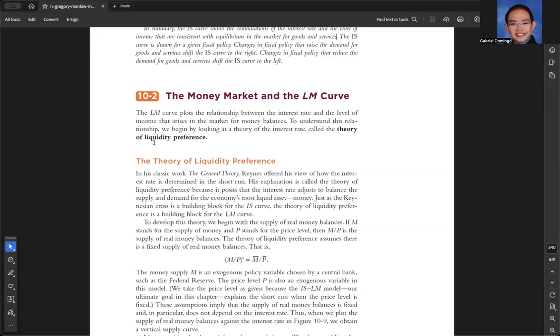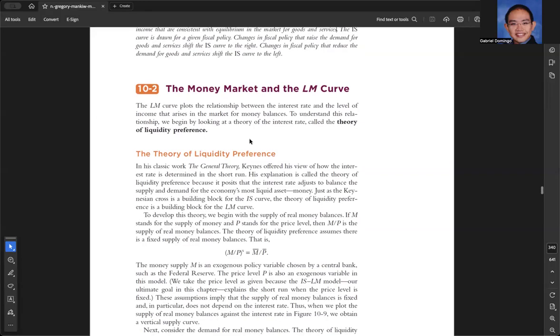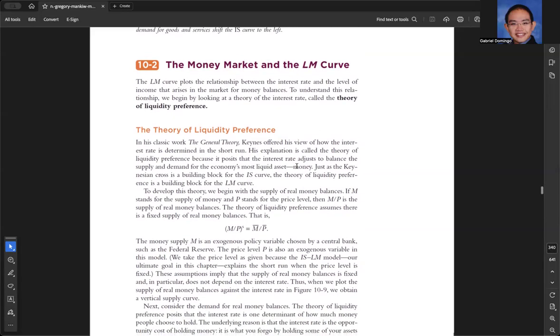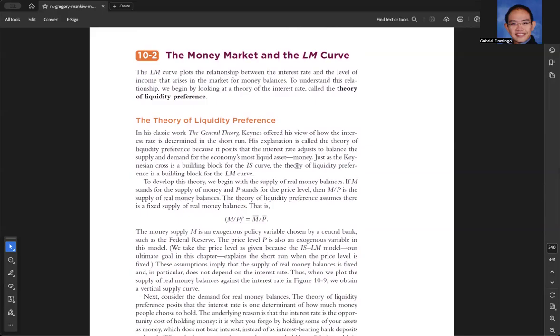Okay, so we will use the theory of liquidity preference, which is essentially the same as understanding the market for money balances. Okay? But the theory of liquidity preference is going to be the main idea or concept for 10-2.